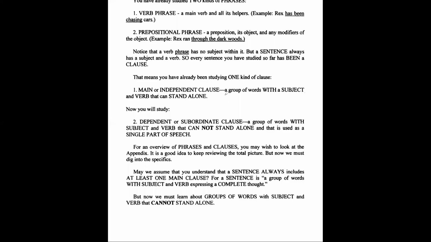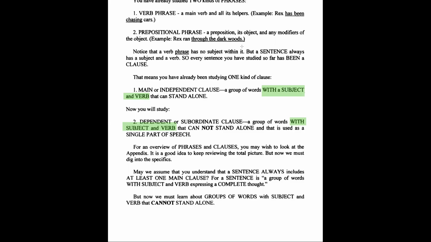So the main and independent clause has a subject and a verb, just like the dependent clause. And if we look at that definition, dependent or subordinate clause, a group of words with a subject and a verb that cannot stand alone and that is used as a single part of speech.